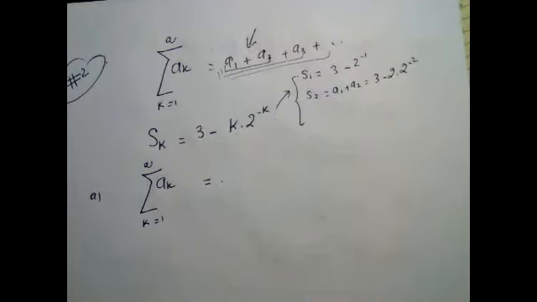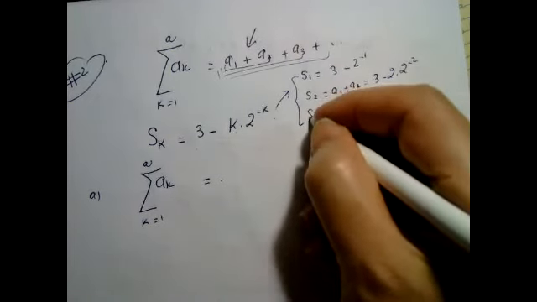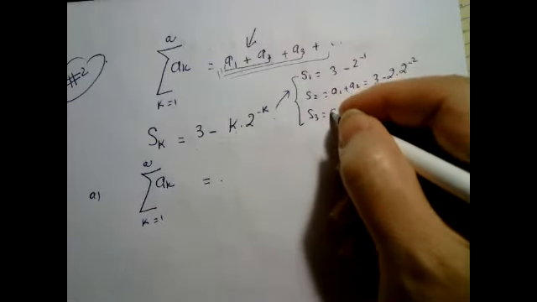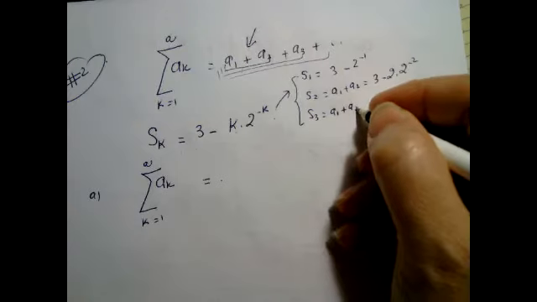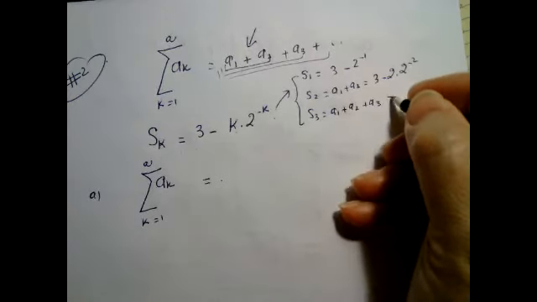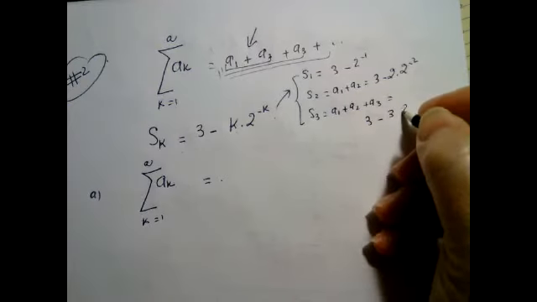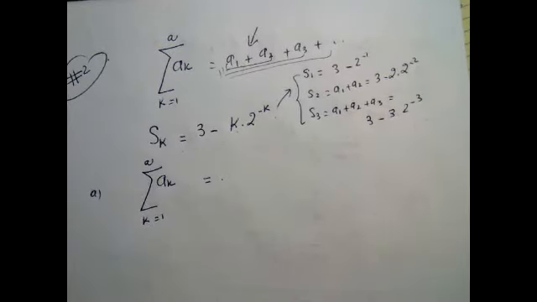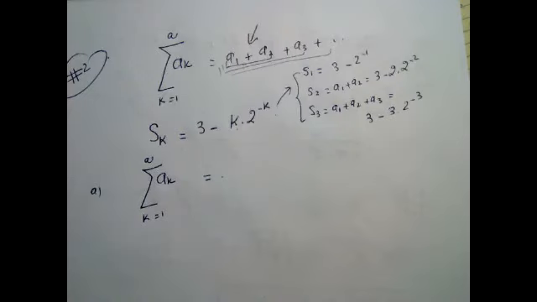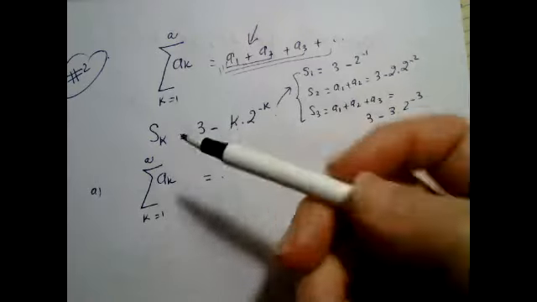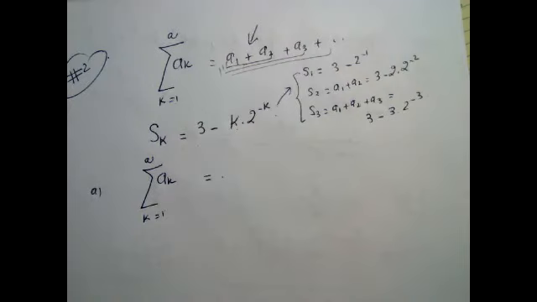What is S3? It means a1 plus a2 plus a3, which is equal, according to them, to 3 minus 3 times 2 to the minus 3. So they are giving you a formula for the partial sum, and they are telling you to find the total sum. How can I find the total sum? What's the relationship between this and that? Back to you.